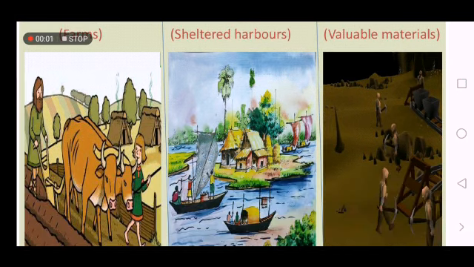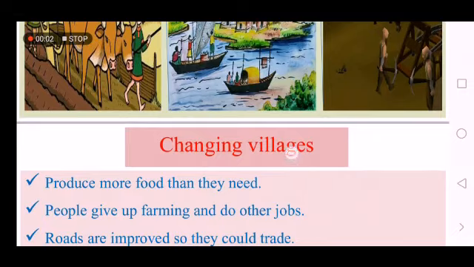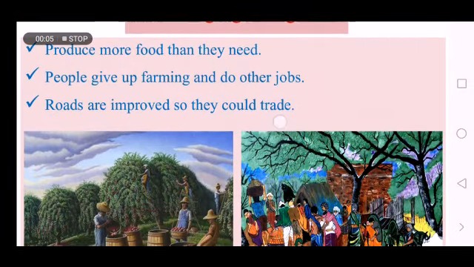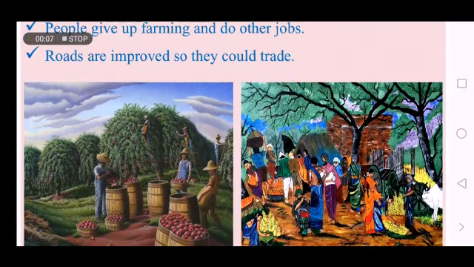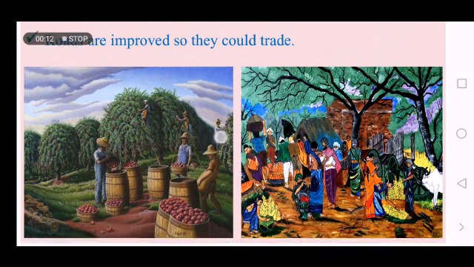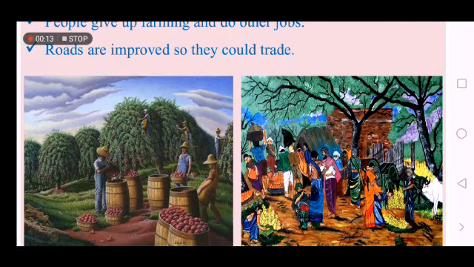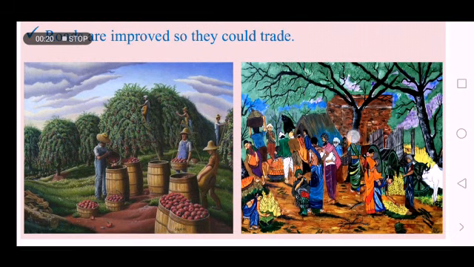By the time these villages developed and changed, they grew bigger, so they produced a huge amount of food and fruit, more than what they needed. So they started selling in shops and markets to other people.